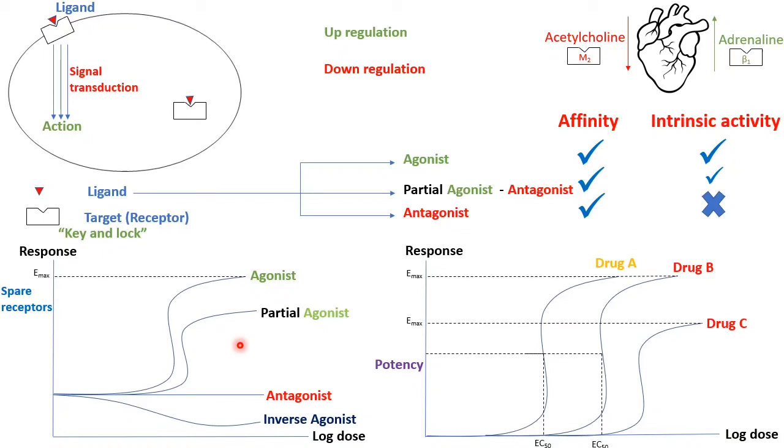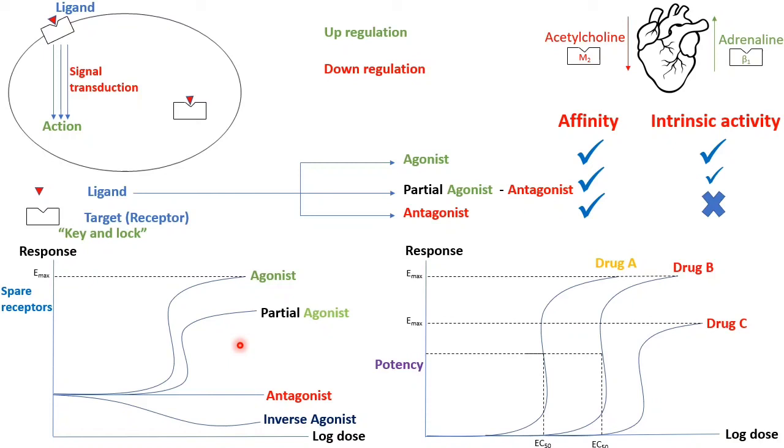Now we have to discuss the last point in our introduction of pharmacodynamics, which is, when we give a drug that is an agonist on a certain receptor, our body tries to resist the action of this drug, and that happens through decreasing the synthesis of this receptor.